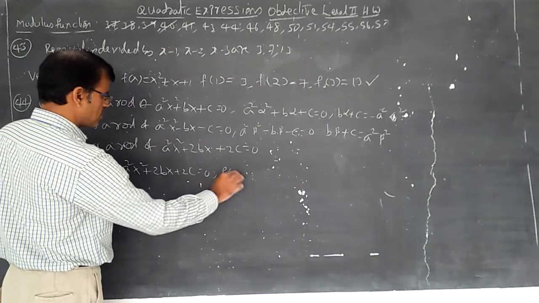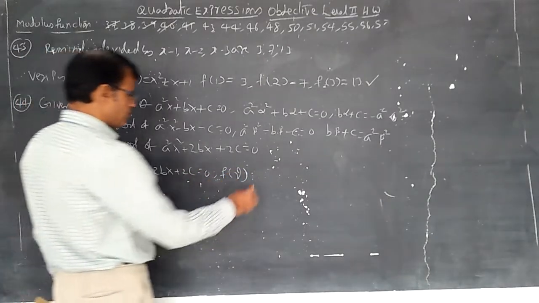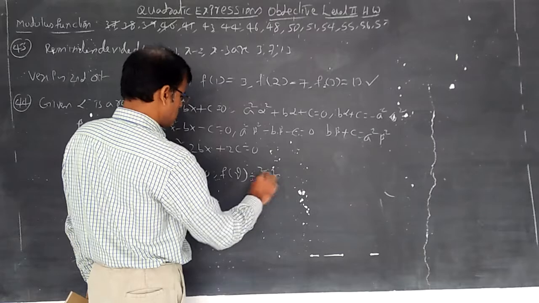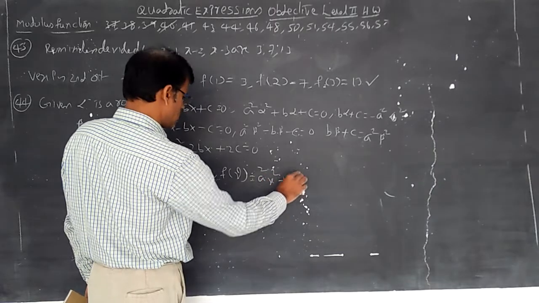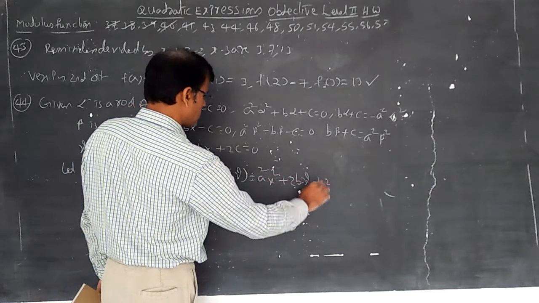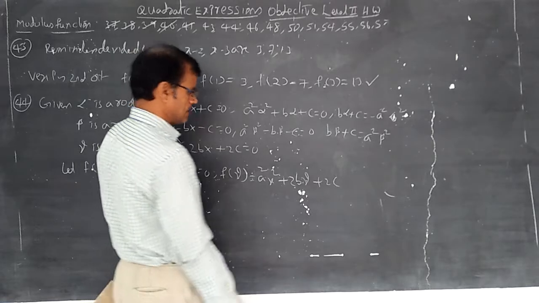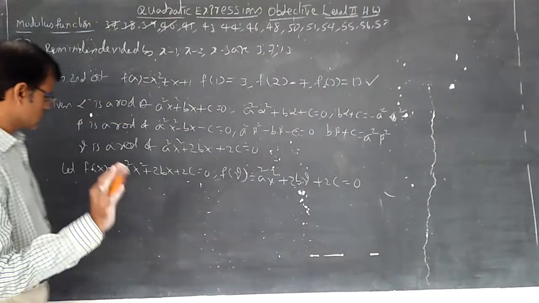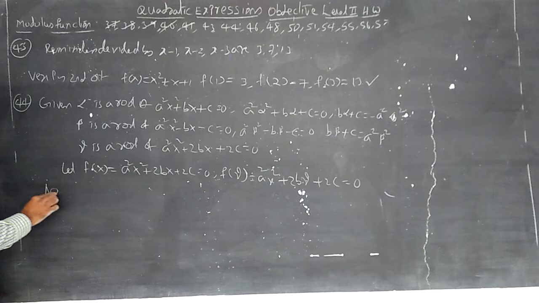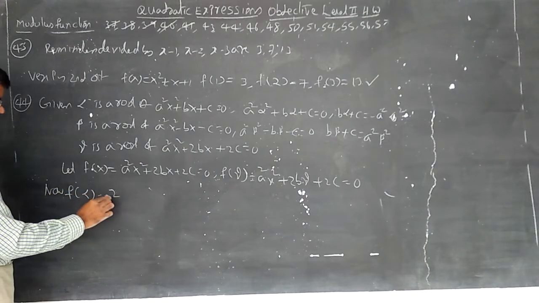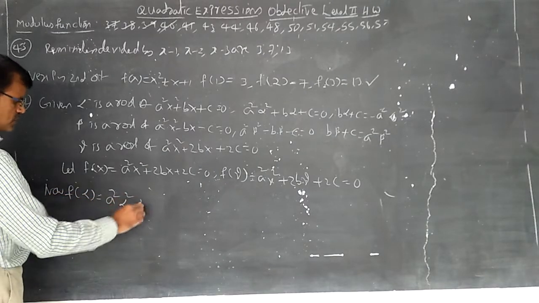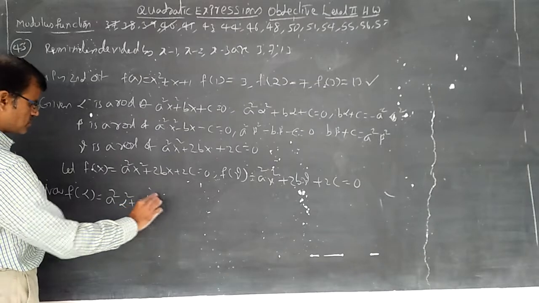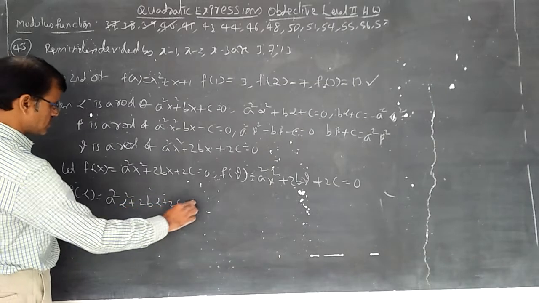Now since gamma is a root, f of gamma is equal to a square gamma square plus 2b gamma plus 2c equal to 0. Right. Now f of alpha I am writing. Substitute alpha here. A square alpha square plus 2b alpha plus 2c.